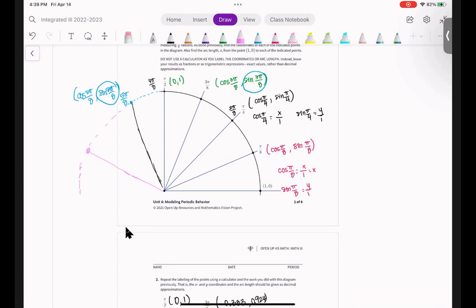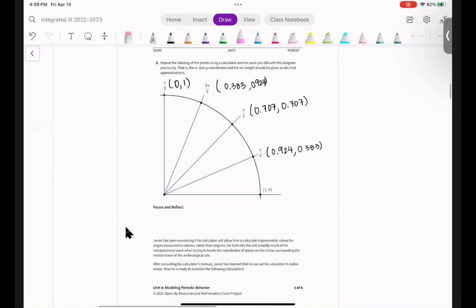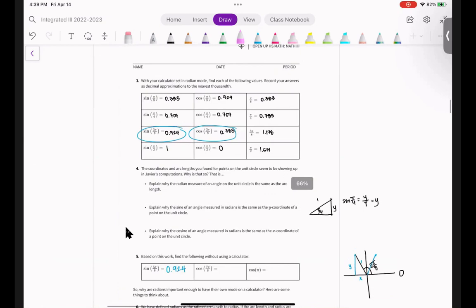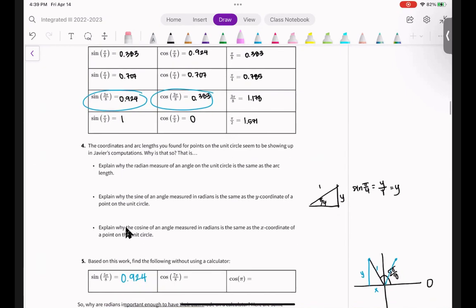The sine of this guy is going to be the sine of who? Who does he match up with? Yeah, he matches up with pi over 8. So in my picture, I just need to find the sine of pi over 8 because that's going to give me that one, right?